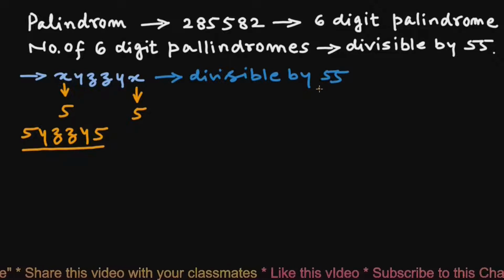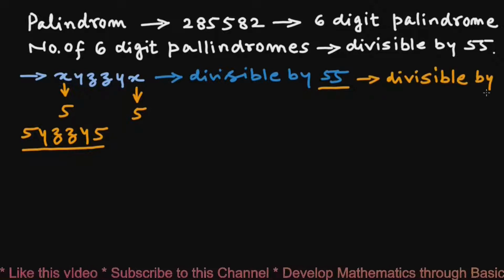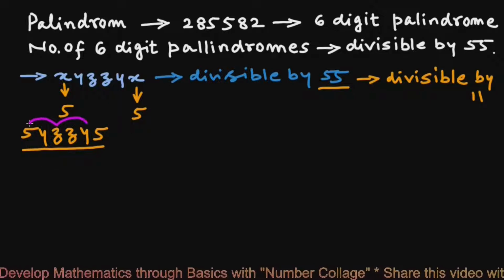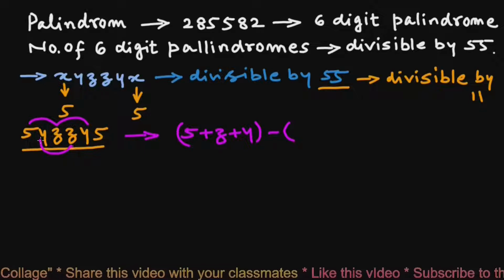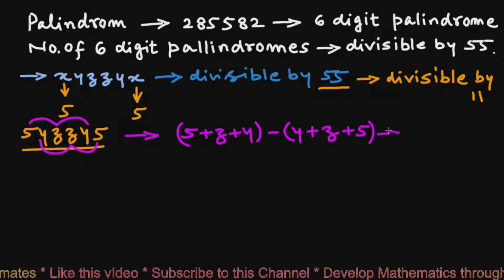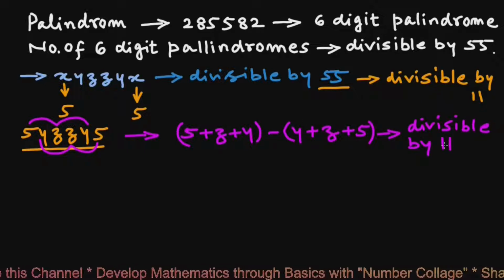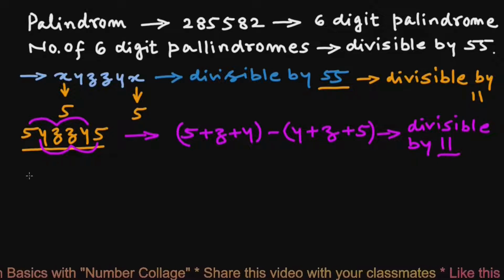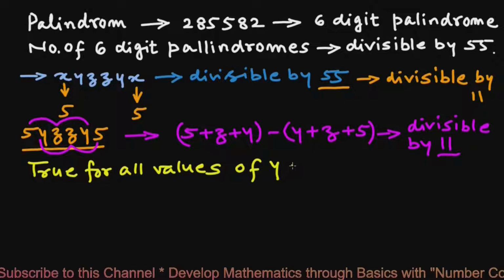Now since 55 is divisible by 11, 5 plus z plus y minus y plus z plus 5 is divisible by 11 according to the divisibility test of 11. Now this is true for all values of y and z.